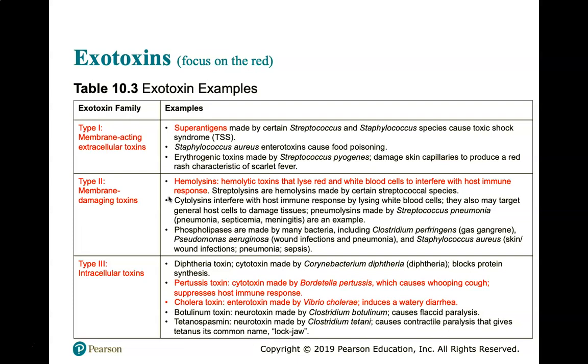With type 1, the one I really want you to know is superantigens, which are commonly created by strep and staph species. What's interesting about superantigens is that they attract the immune system, but they do so in a manner that's overwhelming to the body.